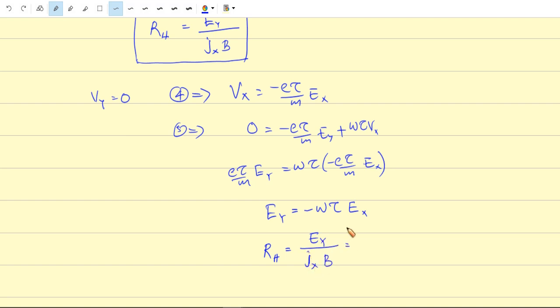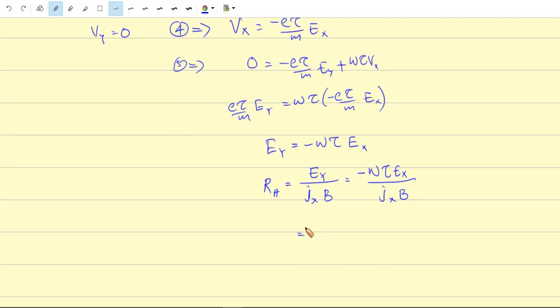What is Ey? Ey is equal to minus omega tau Ex, divided by Jx B. So RH is equal to minus eB by m tau, divided by Jx B, into Ex. We know the current density is equal to sigma Ex.